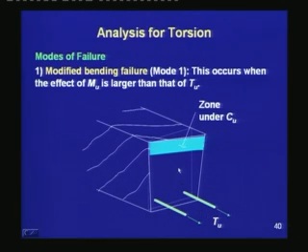Here the beam is under predominant flexural moment, the bottom steel is taking the tension, the top of the beam is under compression, but the failure surface is not perpendicular to the axis anymore, it is skewed, and that is the effect of torsion which has modified the plane of failure from that of flexure.